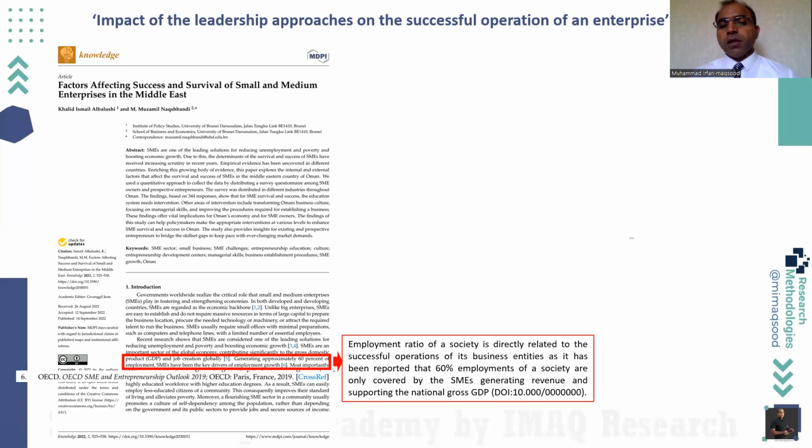In the end, we have the knowledge we were looking for, and we are using the data references. We can say the employment ratio of a society is directly related to the successful operations of its business entities, as it has been reported that 60% of employment in our society is covered only by the SMEs, generating revenue and supporting the national GDP.